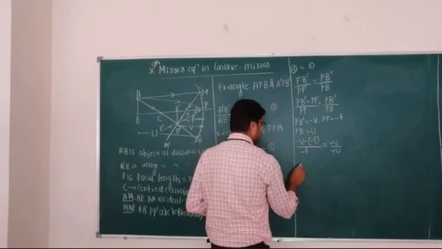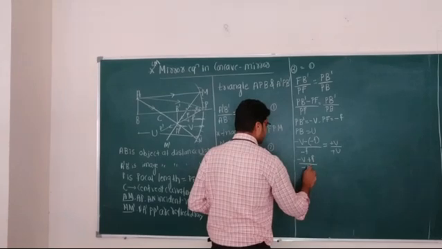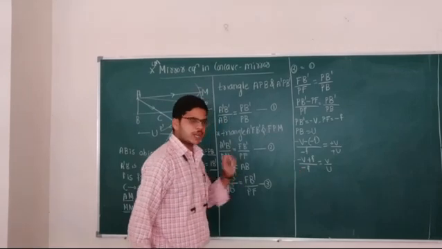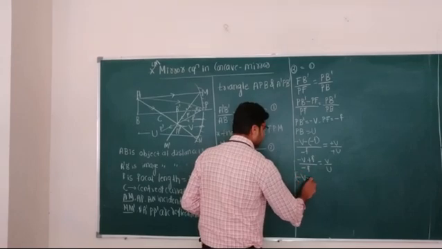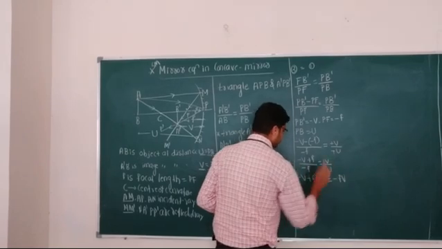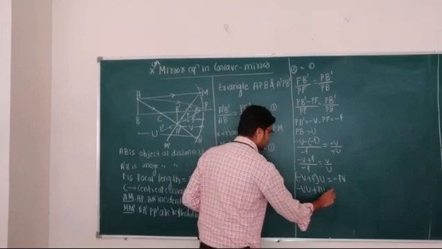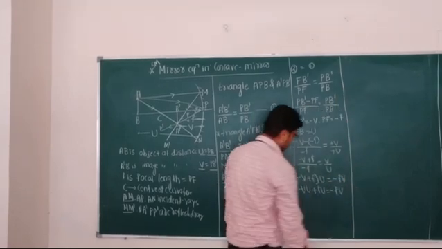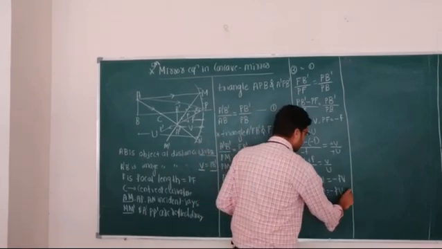Therefore, this equation becomes minus v plus f divided by minus f is equal to v divided by u. Now I am cross multiplying. Then it becomes minus v plus f into u is equal to minus fv, or minus vu plus fu, that is equal to minus fv. This equation, minus vu plus fu equals minus fv, you take as equation number 4.